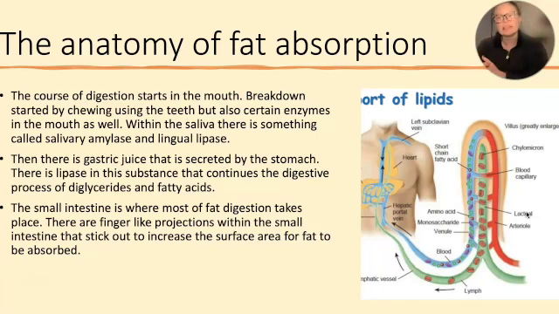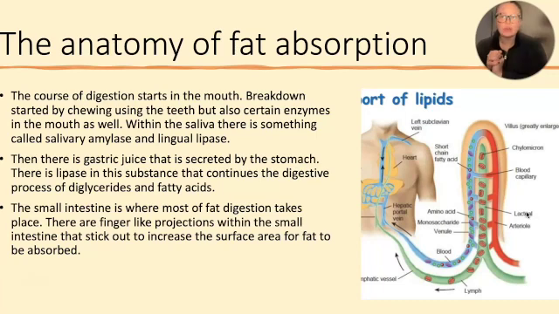The small intestine is kind of where everything gets wrapped up in this process. In the small intestines, the fat digestion is going to take place. This is helped by the finger-like projections within the small intestines that stick out, called villi. I'm pretty sure.